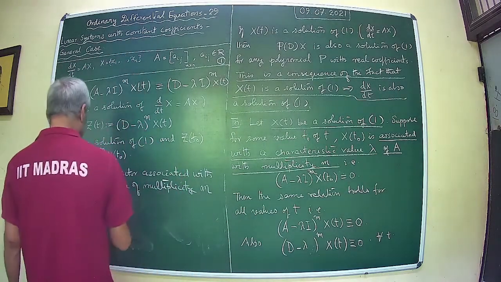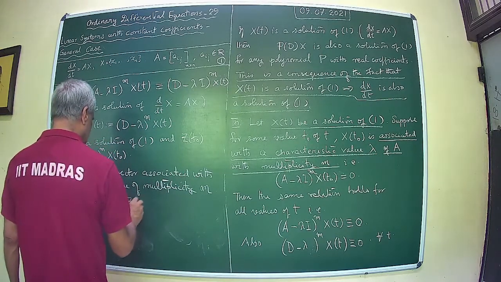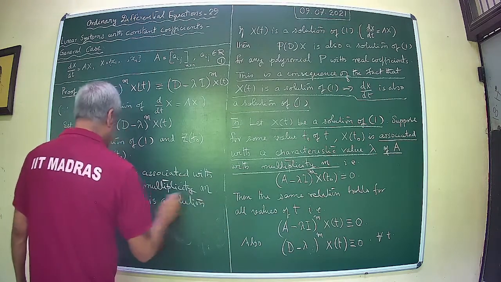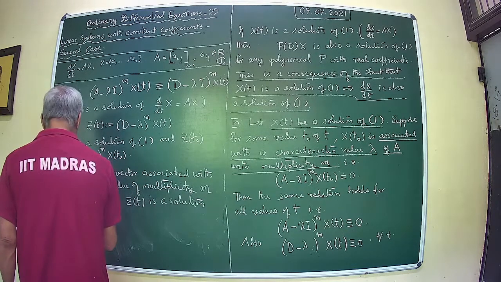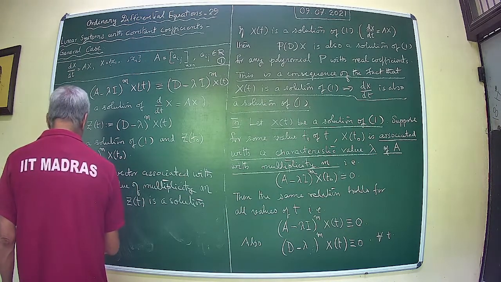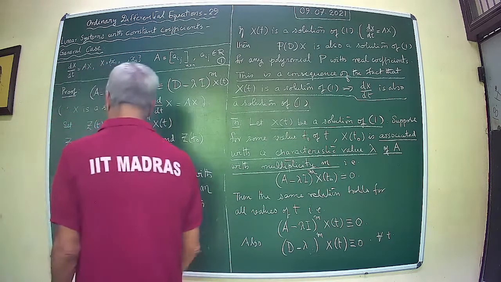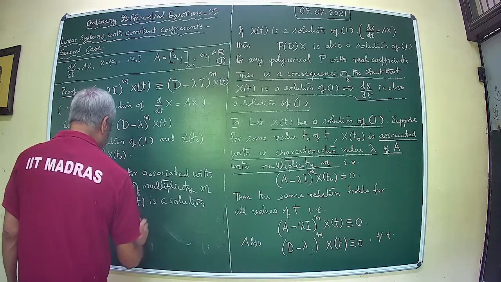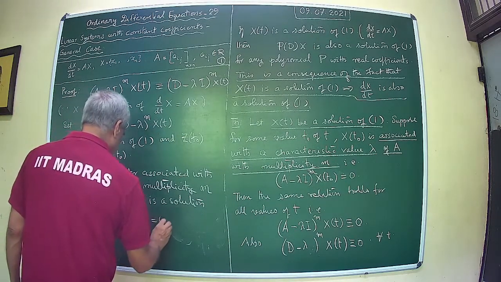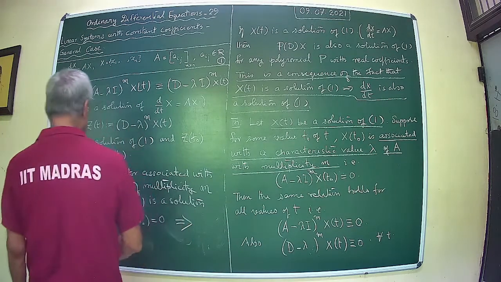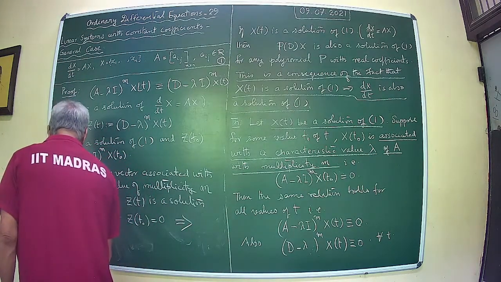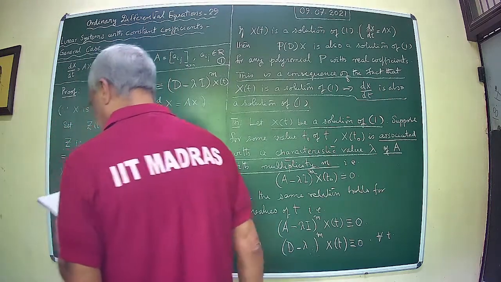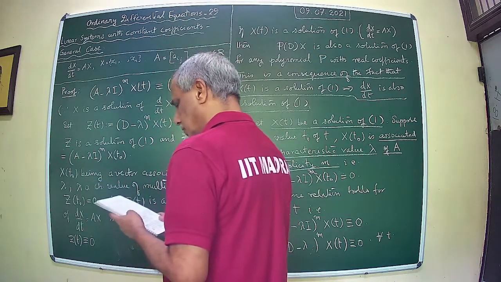Therefore, X such that, which implies equal to 0. Z t identically equal to 0 means what?